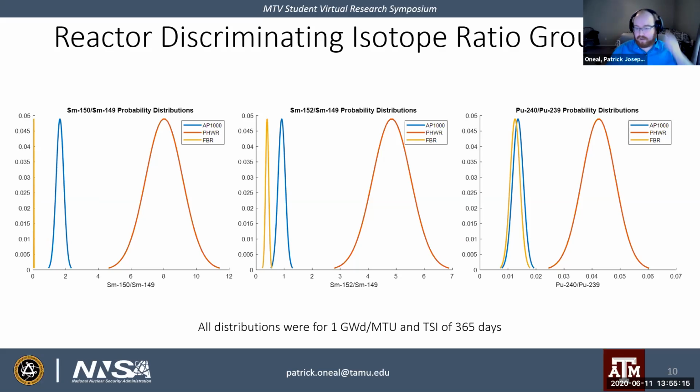And basically what we want to do with these different groupings is perform the reactor discrimination with this group of isotopes and then maybe perform the burnup resolution with another group of isotopes, basically creating initial guesses that we check with the other isotope groupings.